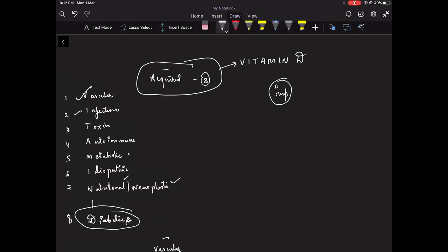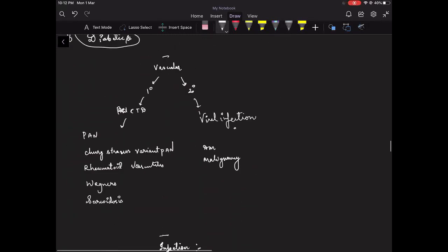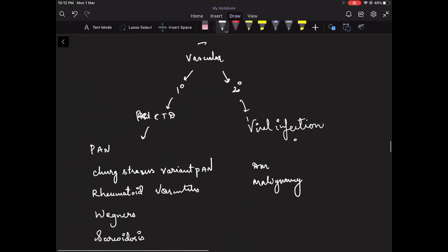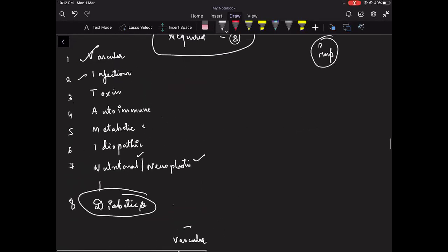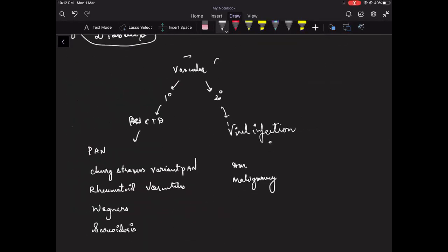Coming to the vascular type of neuropathy, under this the 4 important primary causes include polyarteritis nodosa, where the patient will have mononeuritis multiplex.